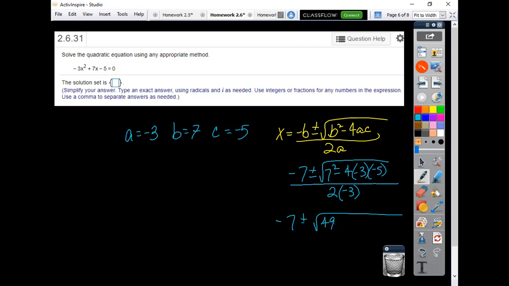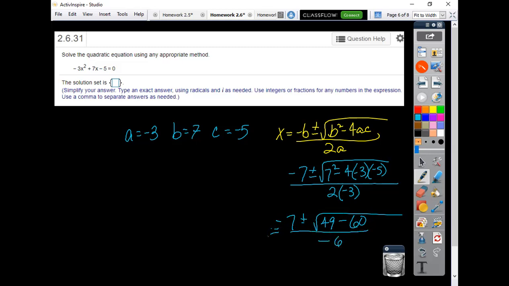And if you just want to use a calculator here to get some of this, 4 times 5 is 20, times 3 is 60, and then I've got negative, negative, negative. That would end up being negative still. These two would be positive, but then that minus would still be there, all over -6.